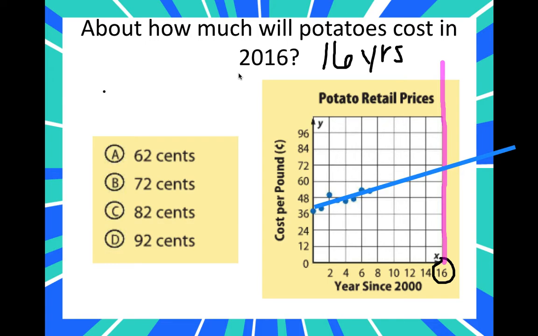I'm hitting just a tiny bit below this one, so I'm going to go over, and that's at 72. Okay, so I hit a tiny bit below 72. Well, my options are 62, which would have been way down here, 72, which would have been exactly right there, or 82, which would have been way up here. Okay, so my closest one is going to be B, 72.